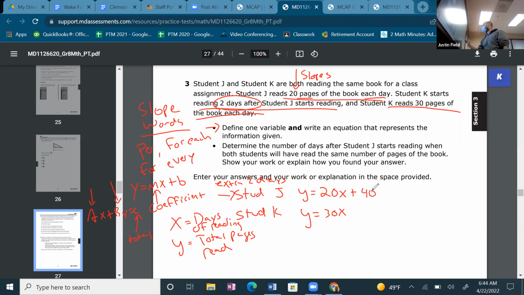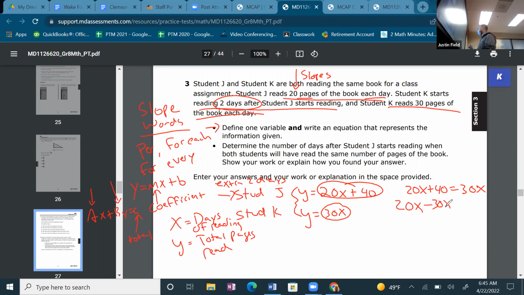So now we can set them equal to each other, because I wonder if you noticed, we have 2 equations. So not only is it slopes and intercepts, but this is a system of equations problem. I wonder if you guys thought that was going to be on MCAP. It is. So we set them equal and put our variables on the left. That's already on the left.